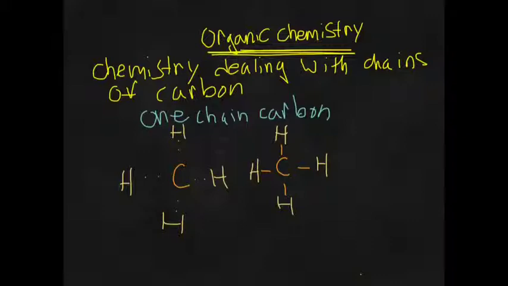So when we do another example, for this example, I'm going to do a 3 chain carbon. What that's going to look like is C3H8. And so we can write that with C having its 4 valence electrons.